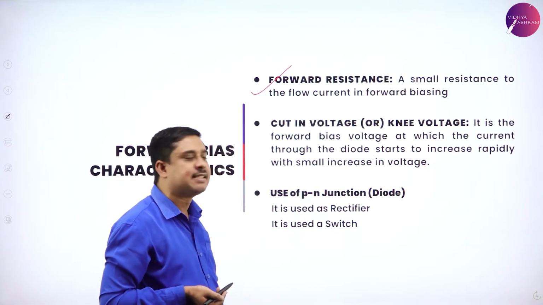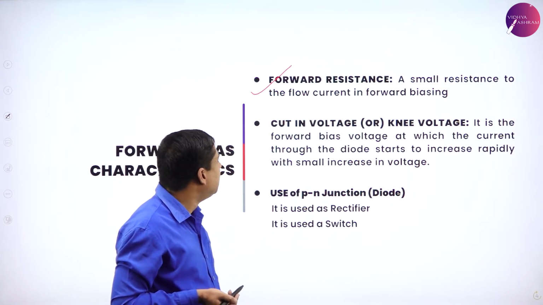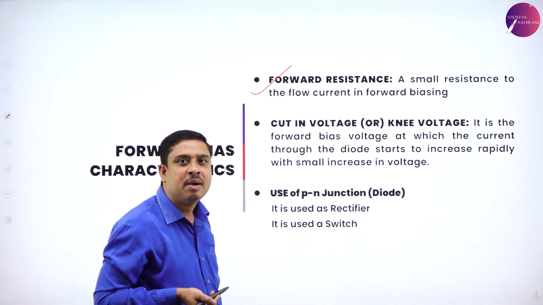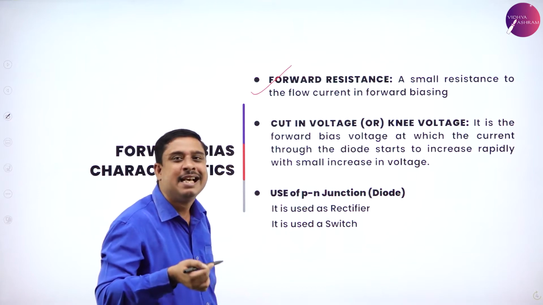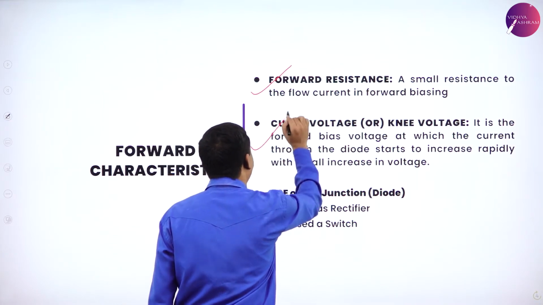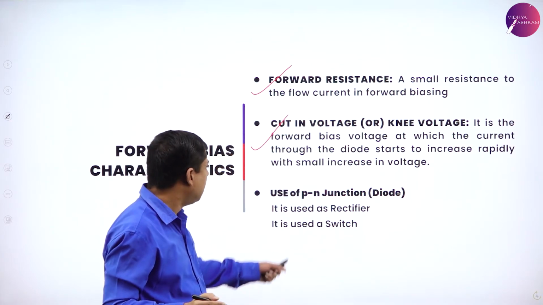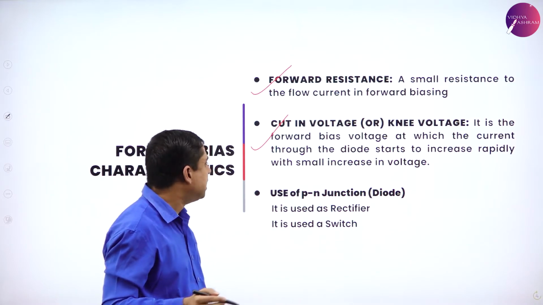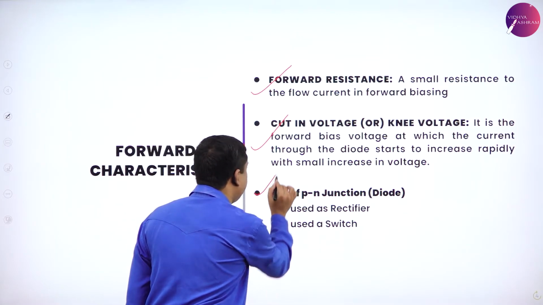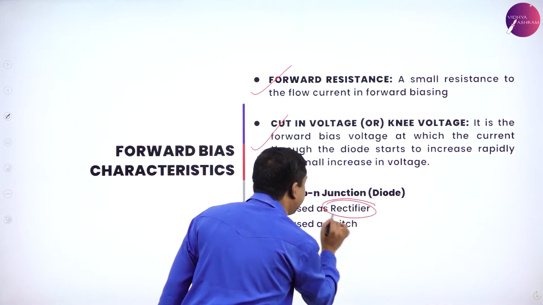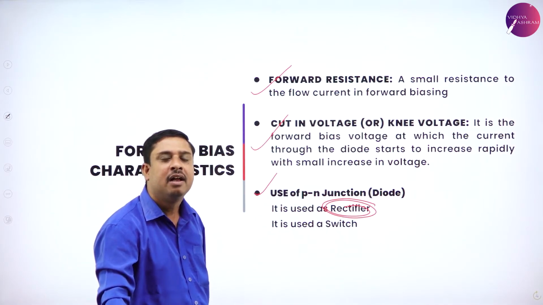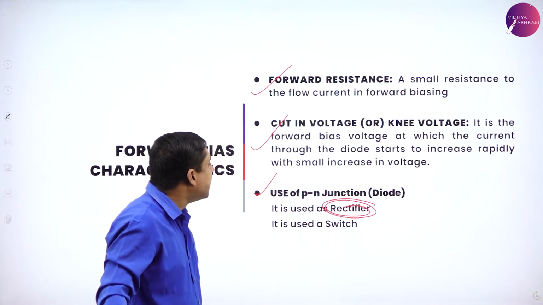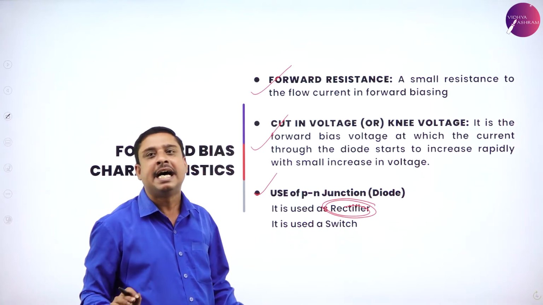Knee voltage is the bias voltage where the current increases rapidly. And a few uses of junction diode: very importantly, it is used as a rectifier and it is used as a switch.